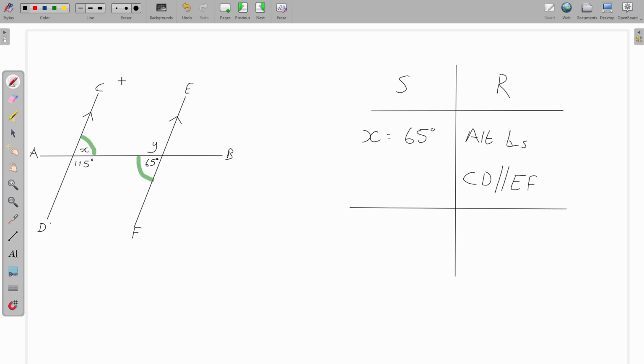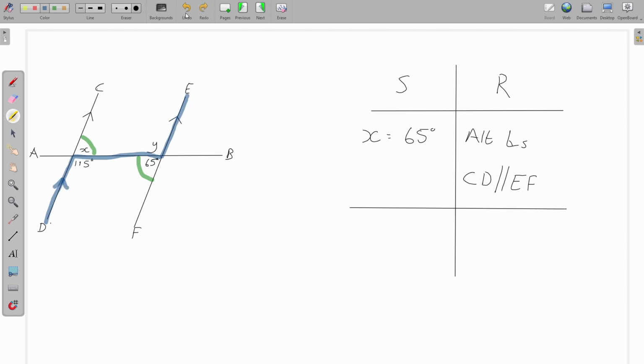Now let's talk about Y. Again, if I look carefully, I can see a stretched out N over here. So instead of it being an N like so, it's an N stretched out. Are the arms of this N parallel?